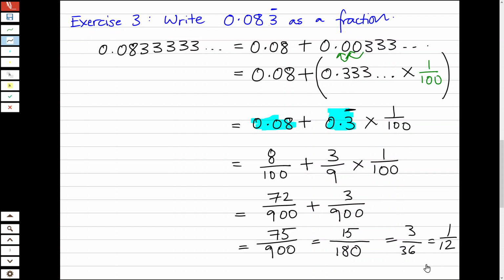Or if you just happen to know your 75 times tables, that's fine as well. And just check that if you put 1 on 12 into your scientific calculator, you do get 0.0833333. You can check that. It's also on the front page of the sheet as well.